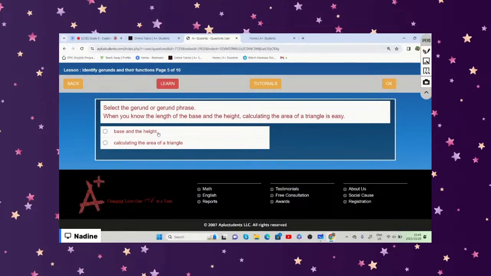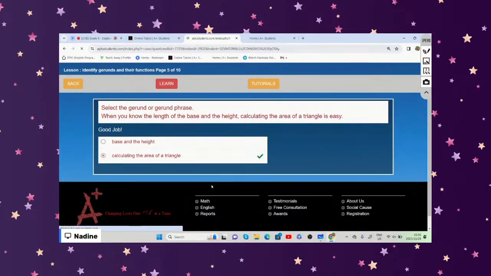So is it base and height or calculating the area of a triangle? And if we select the correct one, then yes, we can say calculating the area of a triangle, because calculating is our gerund.